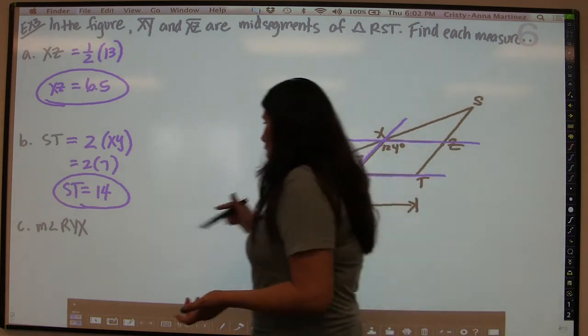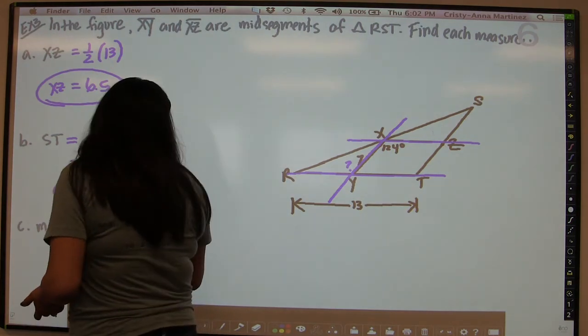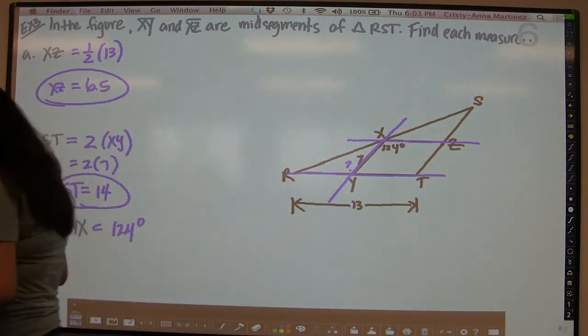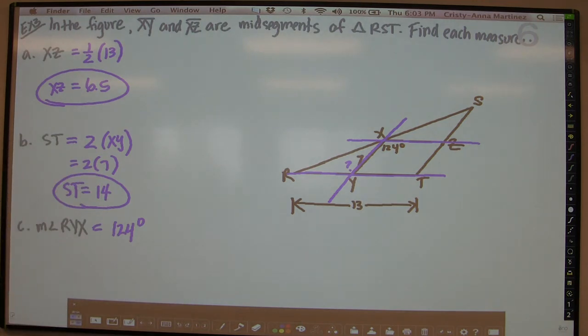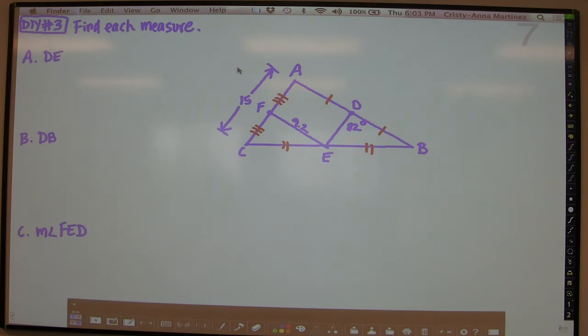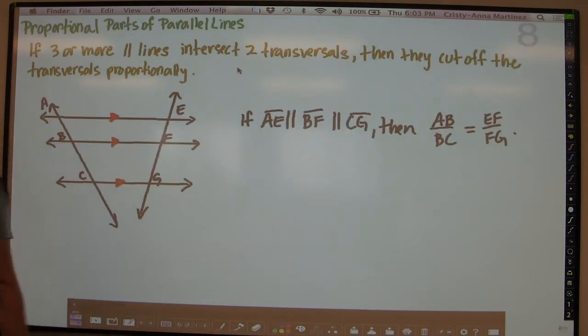So angle RYX is also equal to 124 degrees because it is an alternate interior angle with the other angle YXZ. So we have now done all of that example. So now we'll give you a different diagram and ask you to find these measures before we move on to our next theorem.